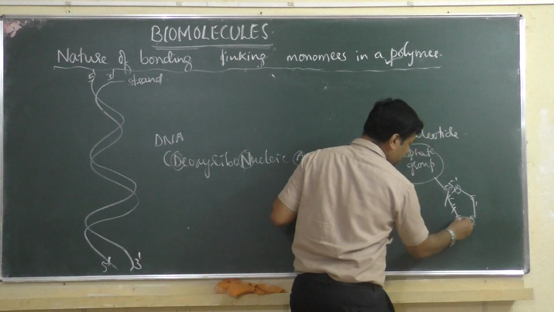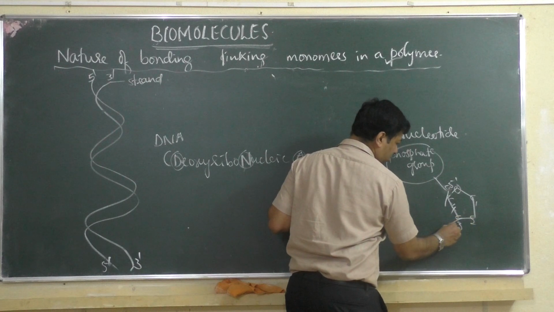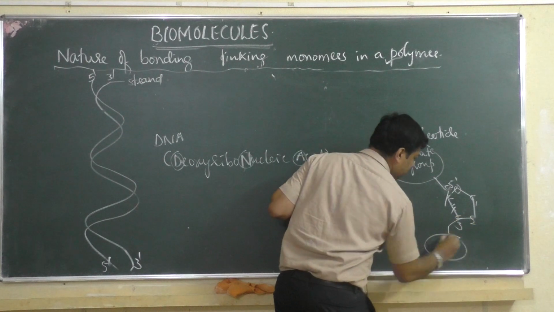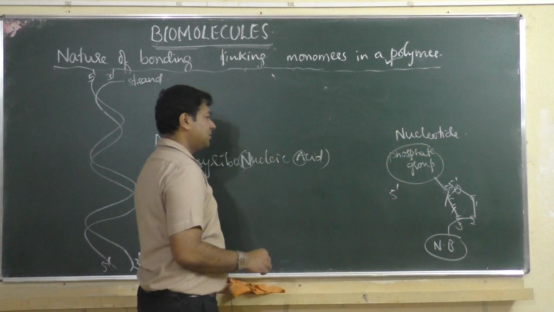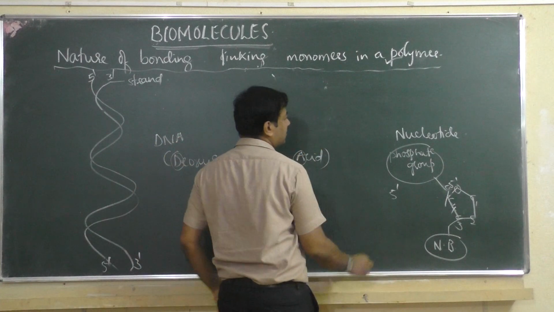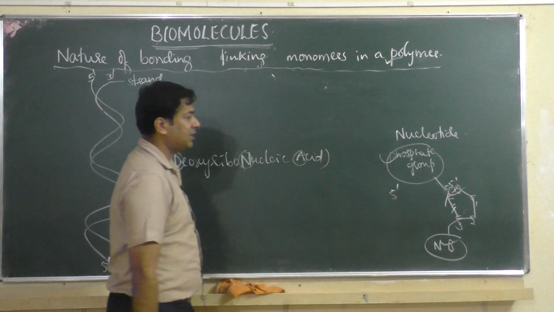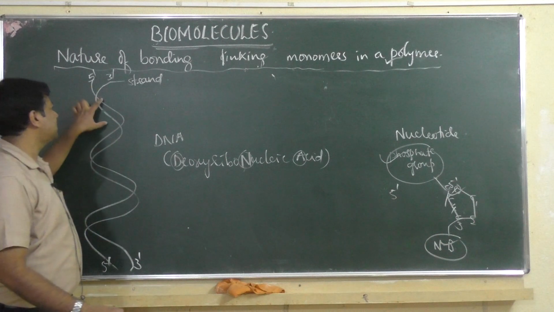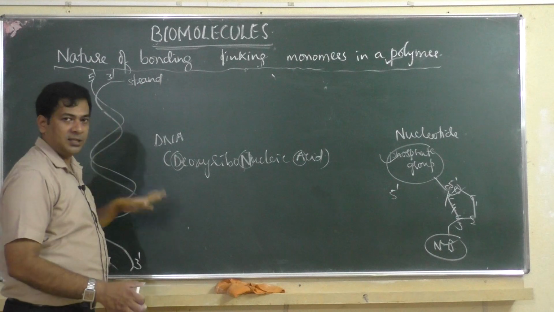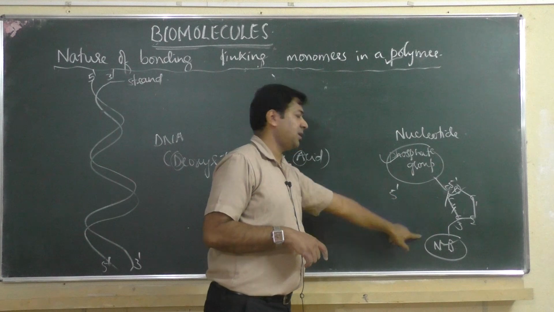Then this pentose sugar joins to a nitrogen base: adenine, guanine, thymine, cytosine, like that. Okay, so this is a nucleotide. Nucleotide will have 3 parts: phosphate, pentose sugar, nitrogen base. All 3 together are called a nucleotide. So if you see the backbone of this DNA, if I zoom into this thread-like structure, there will be 3 parts: phosphate, pentose sugar, nitrogen base.